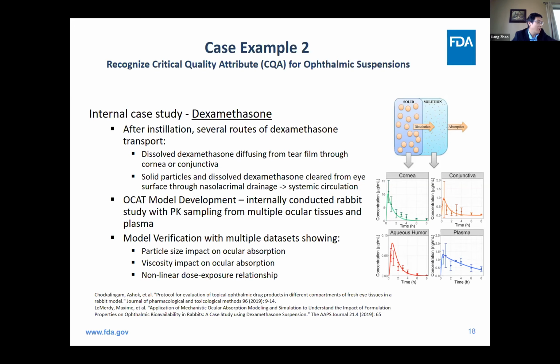The development of the model was verified using multiple data sets, including the particle size impact on ocular exposure, viscosity impacts on ocular exposure, and the nonlinear dose exposure following the administration of different suspension strength. In this case, we do find that the systemic drug circulation may not reflect the local drug exposure at the site of action. Next slide.